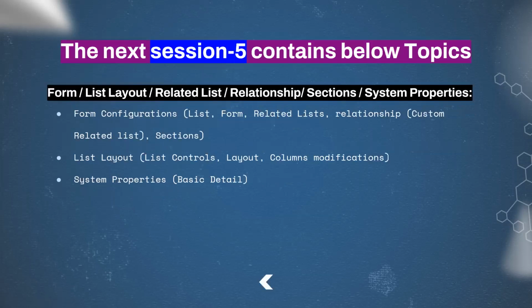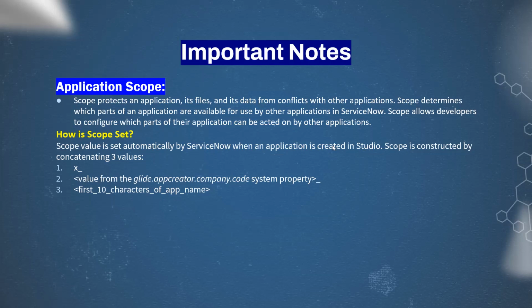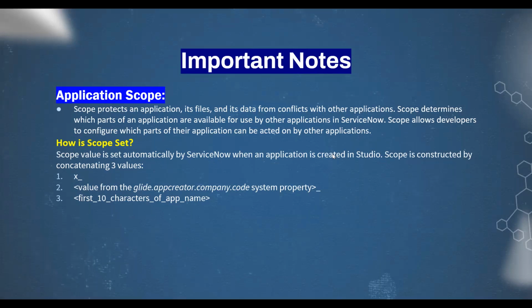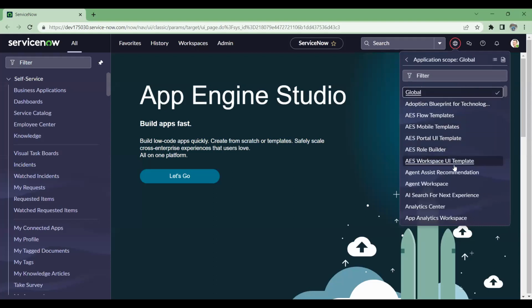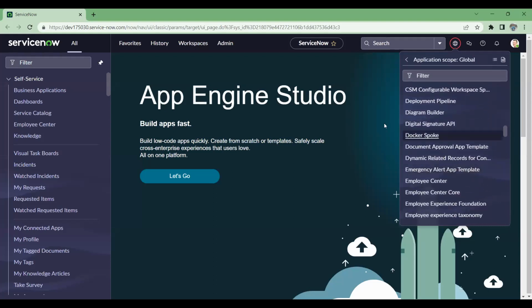Okay, so it's the last section. So we will get into it. I'll tell you about the scoped application. You remember these are the out of box ones which ServiceNow has provided. Now what we are going to do is create our own application.